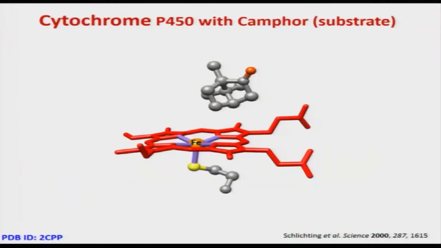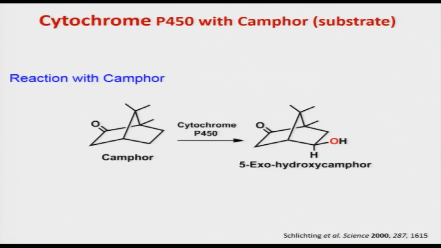You see, when I remove this protein chain, this camphor is sitting at the top of this iron center and this carbon is actually hydroxylated, which we will see soon. So, this is the camphor and this position is hydroxylated, and also it is very stereospecific, and that is what the entire protein chain is doing.